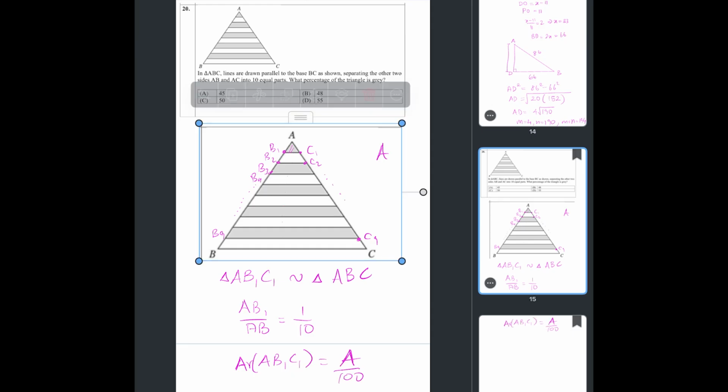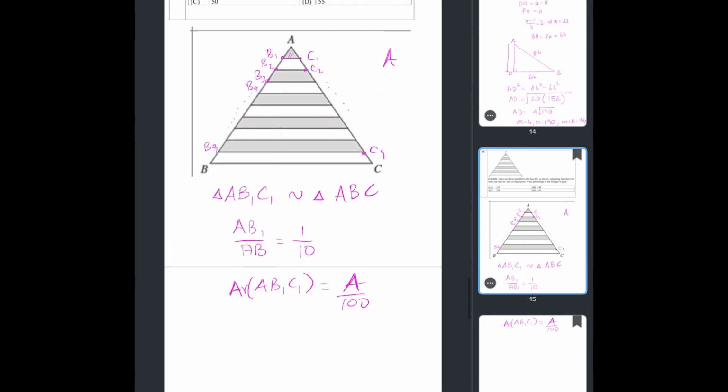Right? And similarly, how do we find the area of the second gray region? It's this whole area minus the area of the second triangle. We know that this by the whole length is 3 by 10 and this by the whole length is 2 by 10, right?